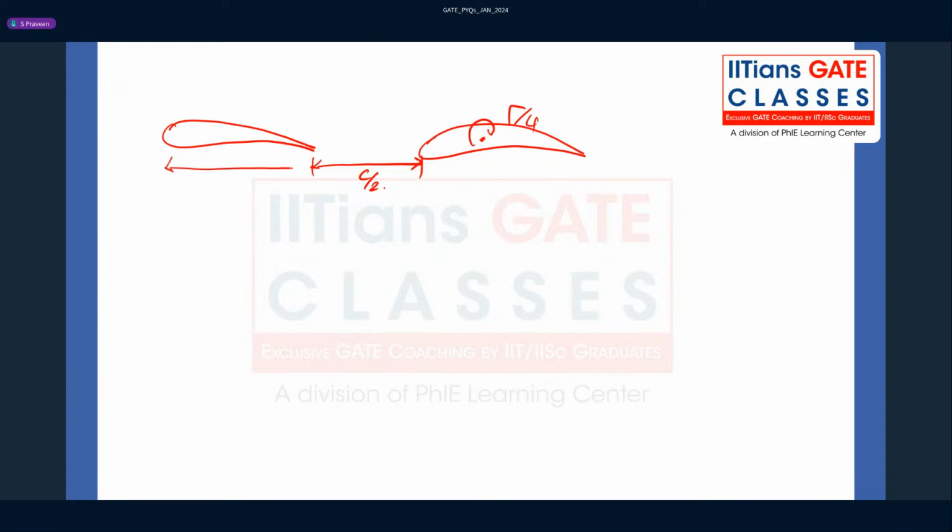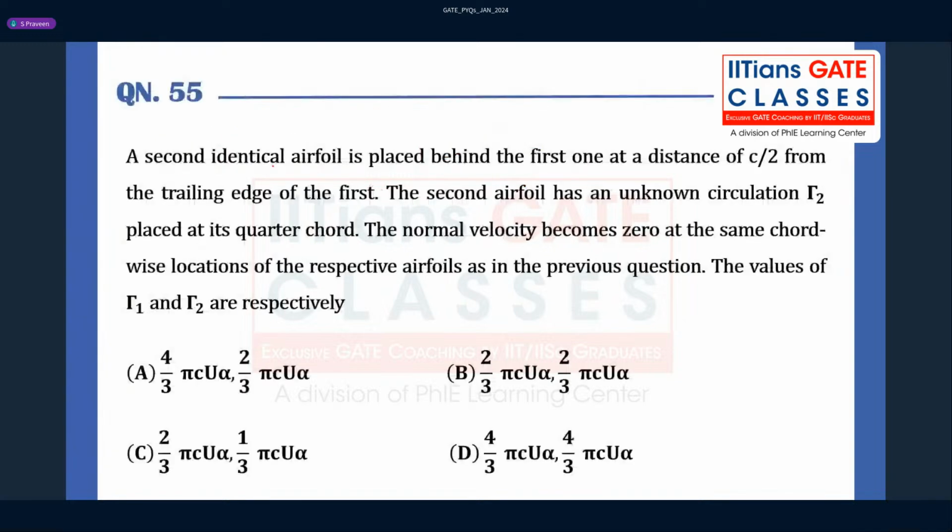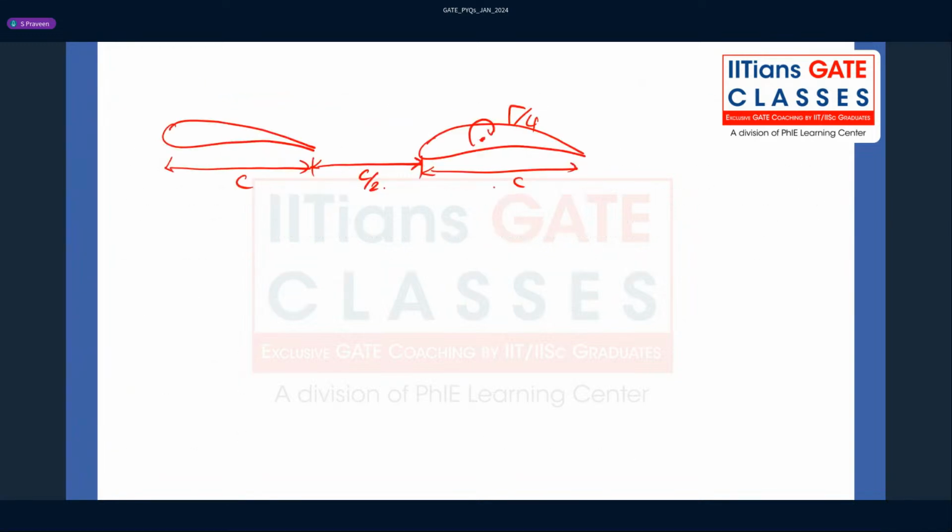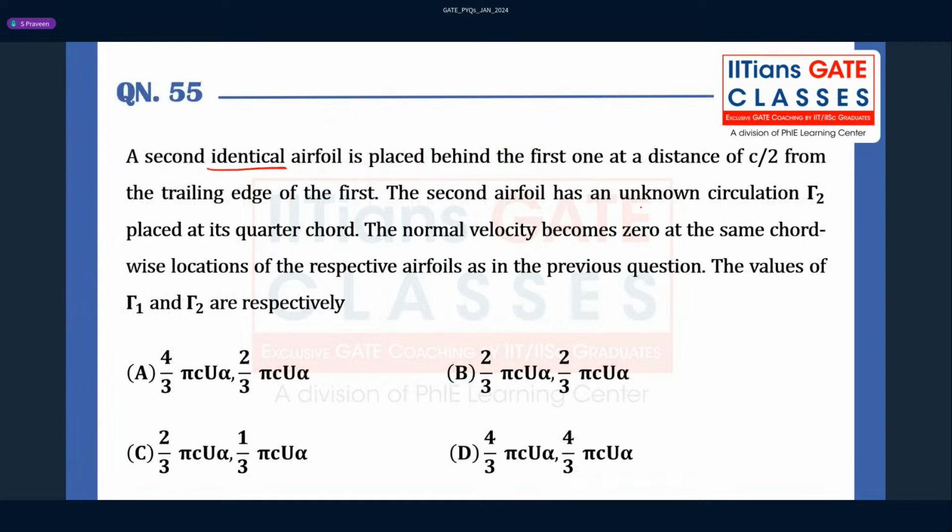So this is C. Again, this is also C because he says second identical, which means this also has to be C. Okay, let's go back to the question. It has an unknown circulation gamma 2 placed at its quarter chord. The normal velocity becomes zero at the same chordwise location of the respective airfoils as in the previous question. The values of gamma 1 and gamma 2 respectively.